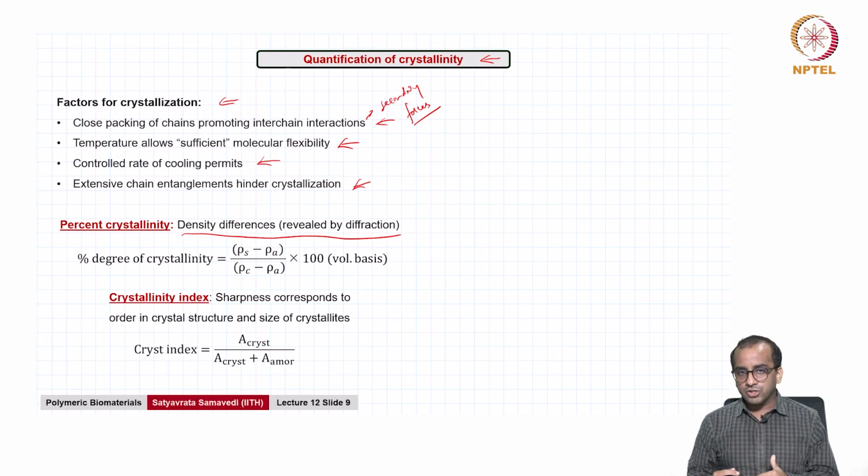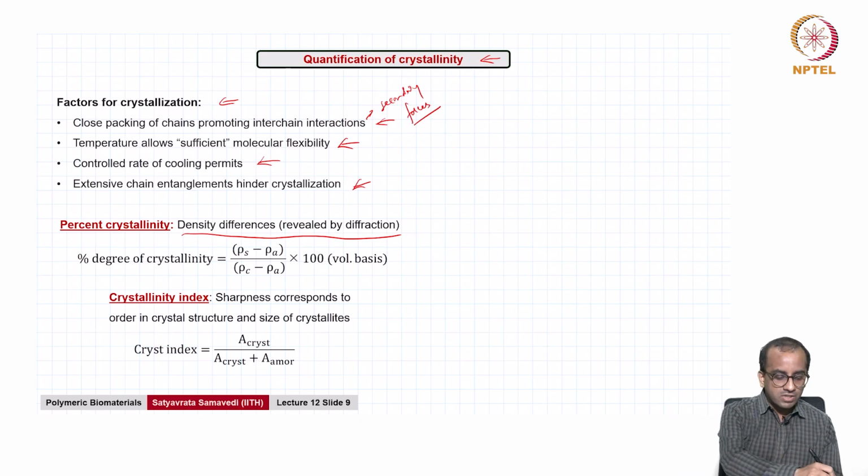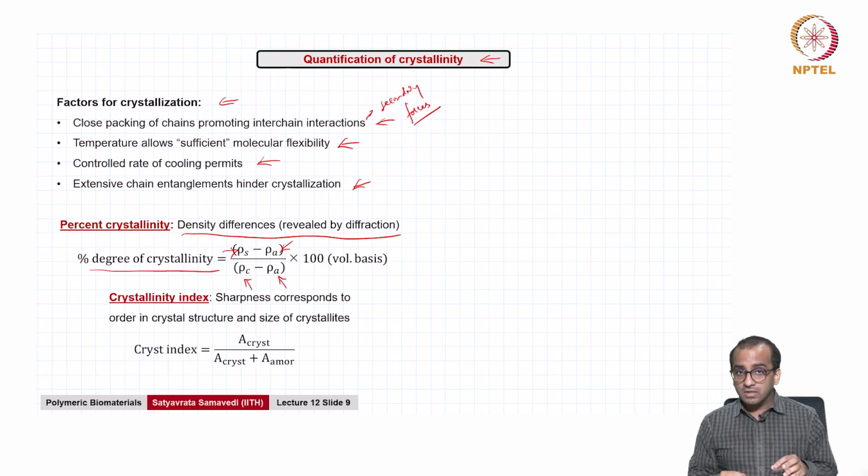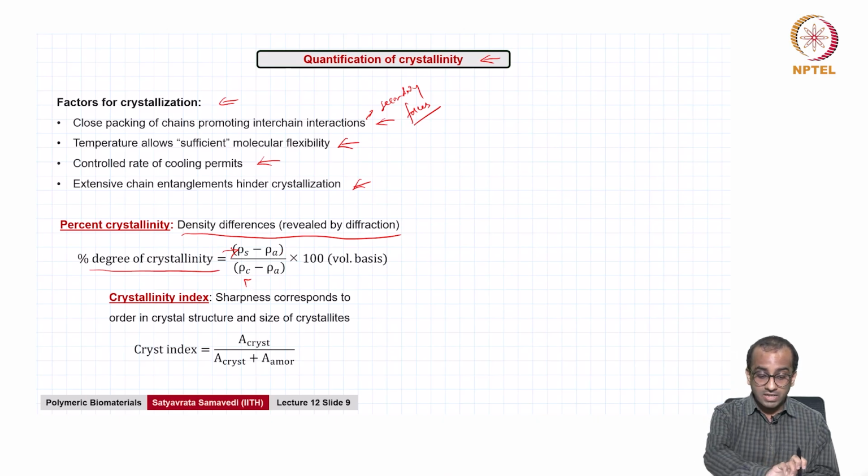Because there is a volume change that occurs, you can use that to quantify differences in crystallinity, and the degree of crystallinity on a volume basis is given as rho s minus rho a over rho c minus rho a, times 100, where rho s is the density of the sample that is of interest to you, rho a is the density of the purely amorphous sample, and rho c is the density of the purely crystalline sample. So, from this you can get crystallinity based on volume.